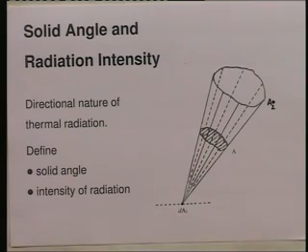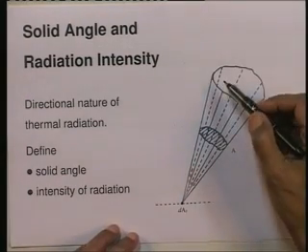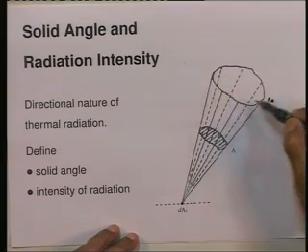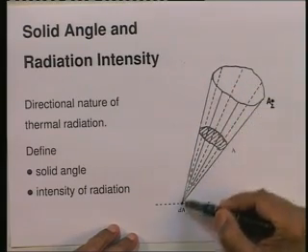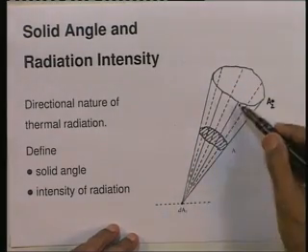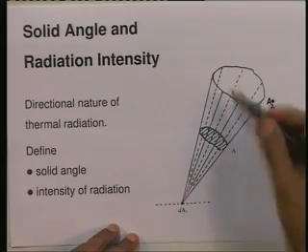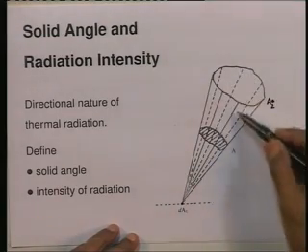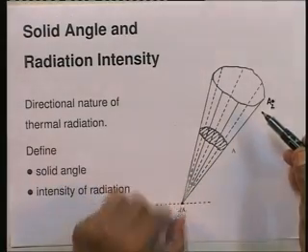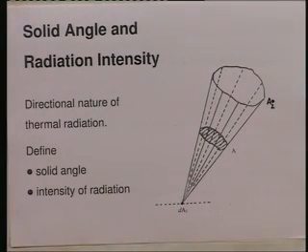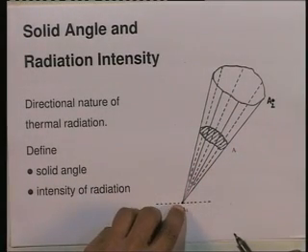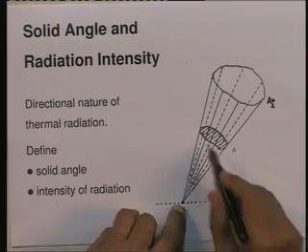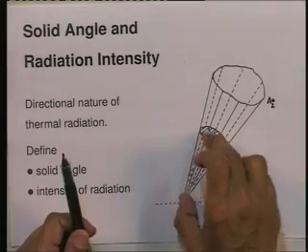So, what we will do is the following: join the perimeter of A2 to the point dA1. You will get a cone as is being seen here. Then with center at dA1, draw a sphere of unit radius.